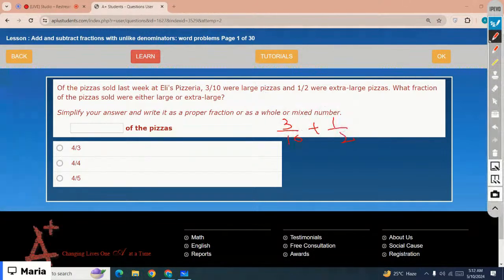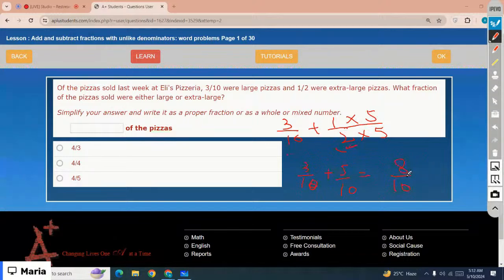First thing you have to do is make their denominators the same, right? You always make the smaller denominator equal to the larger, so make 2 equal 10. 2 times 5 is 10. Multiply the fraction by 5, right? So that would be 3 over 10 plus 5 over 10. See, now they have like denominators. Simply add: 8 over 10.